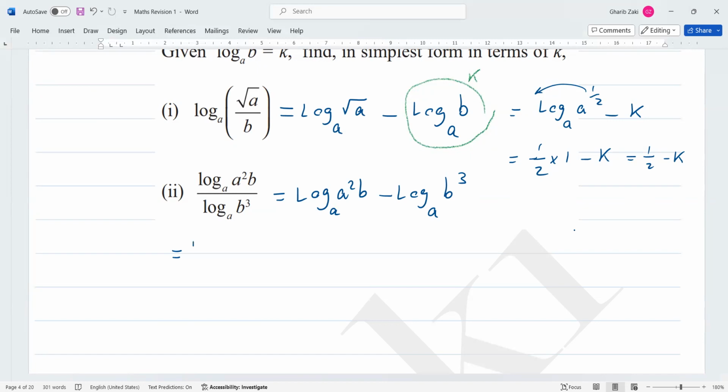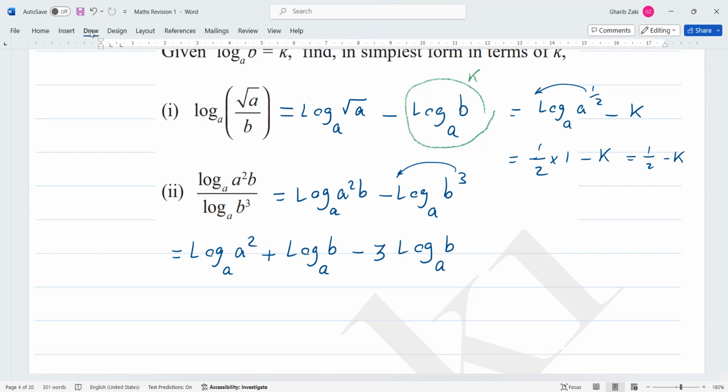Then the first log is log a squared to the base a plus log b to the base a, minus. Now this 3 comes in front of log because it's a power. So it's 3 log b to the base a.